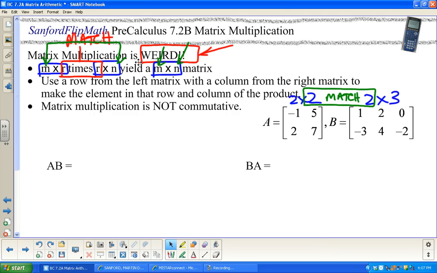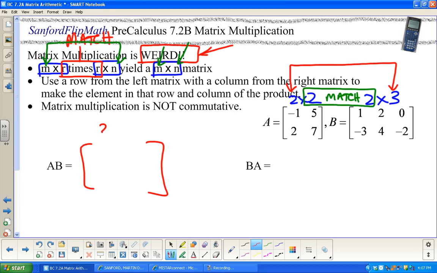So if I'm doing A times B, the outside numbers will be my answer. In other words, when I do A times B, the answer is going to be a 2 by 3 matrix. So there are 6 numbers that are going to go in this matrix. I'm going to have 1, 2, 3, 4, 5, 6 numbers here.